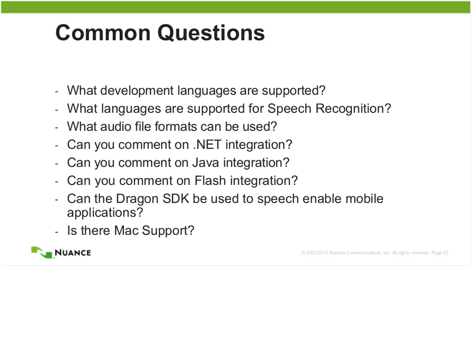Using the SDK, you could build an application where you run recognition on a server, and then you would have to develop the actual transfer of the results to a mobile device, but Dragon doesn't provide any support for sending the text to the actual device.